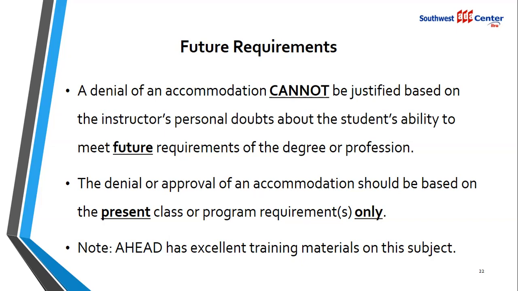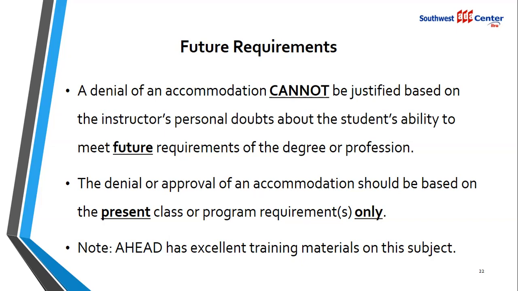They may be taking the class not because they're actually going to pursue a complete degree, but because they're just interested. But the point here actually is, and OCR is clear about this, that the denial or approval of accommodation should be based on the present class or program requirement only.